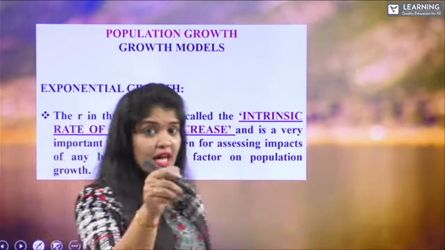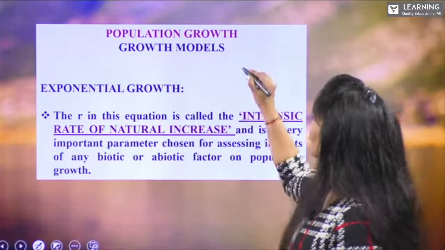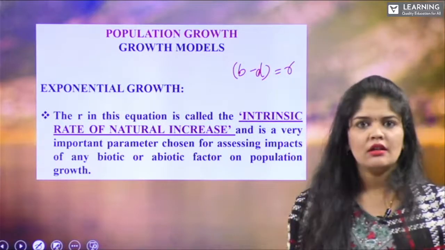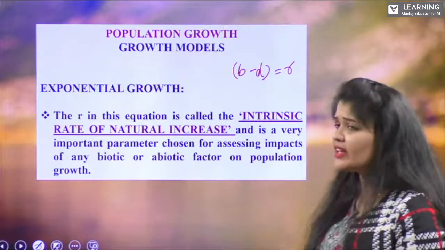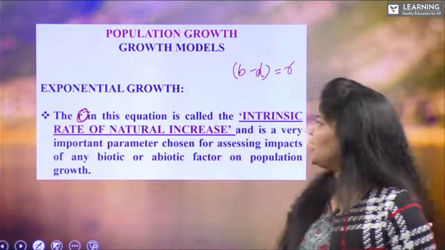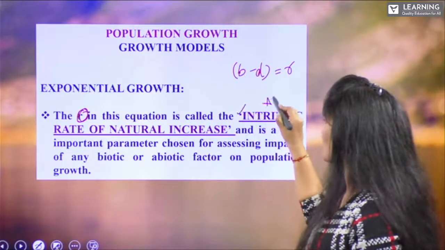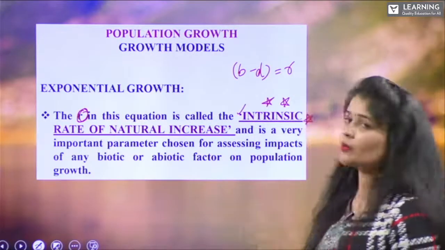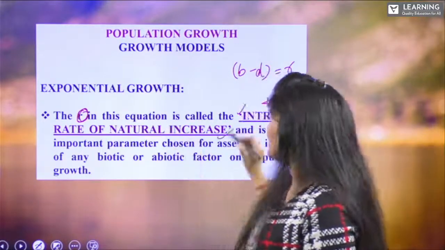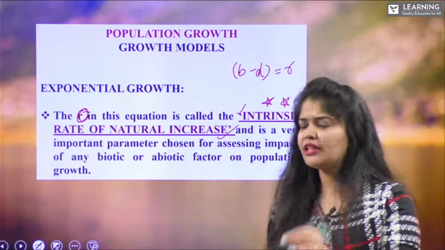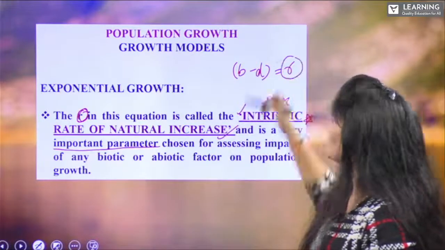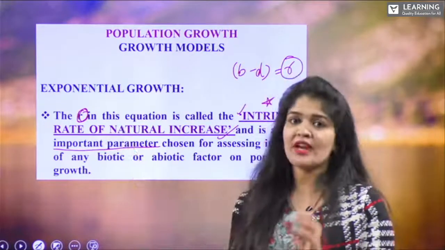Moving on. So what is that R? We have taken small b minus small d as R. That R is a very, very important factor. You have to remember the 2 equations and what this R is. It is the intrinsic rate of natural increase, a very important parameter. What is R? Intrinsic rate of natural increase.